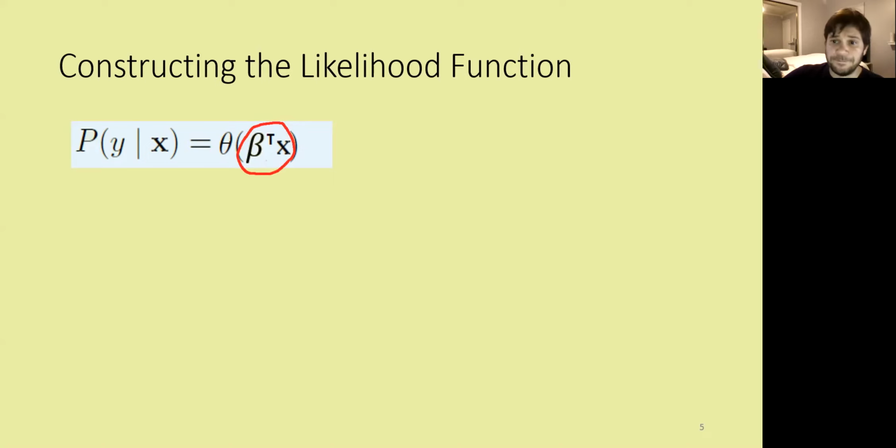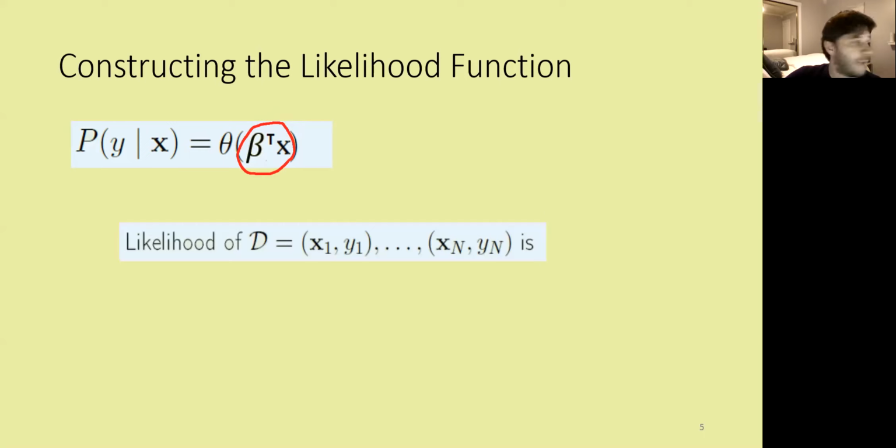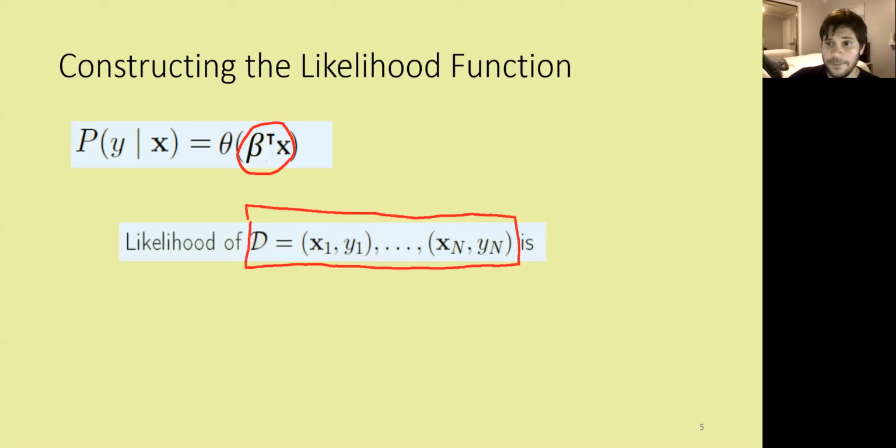So we want to calculate the likelihood here of observing every set of observations. These are all different observations, and we want to calculate the likelihood of observing all the observations in our training data. And the way we're going to do that is we're going to calculate the likelihood of every single observation occurring in the form it has.